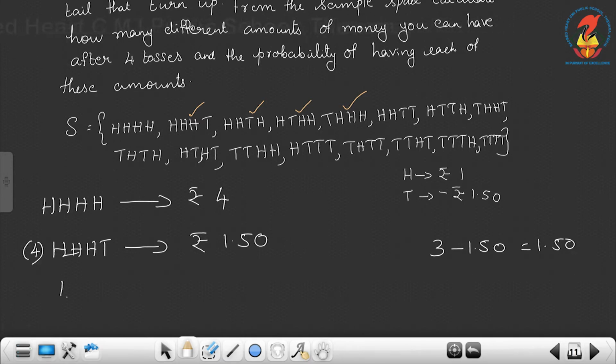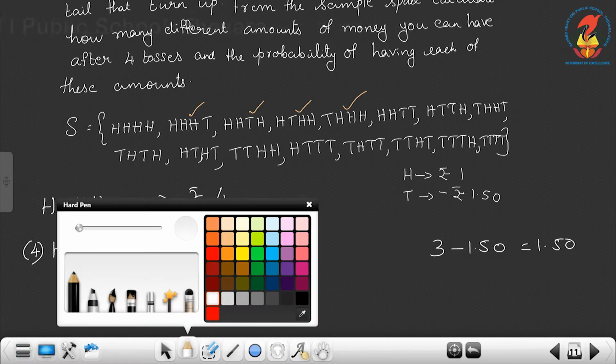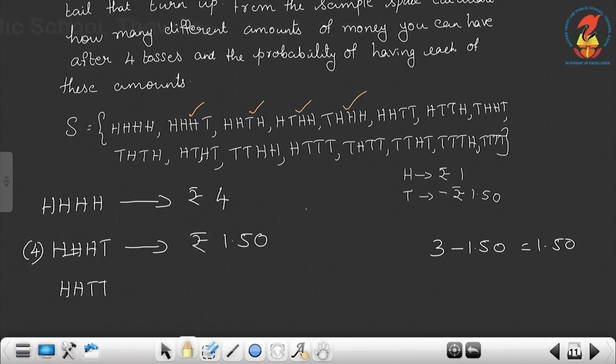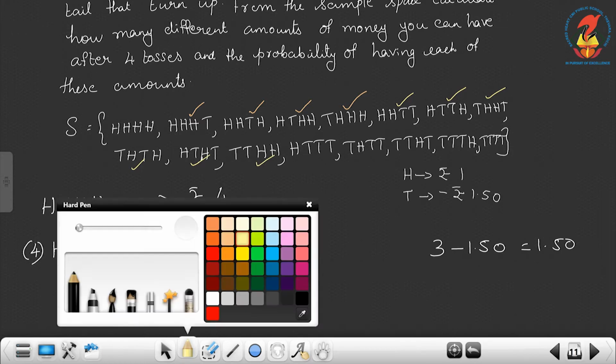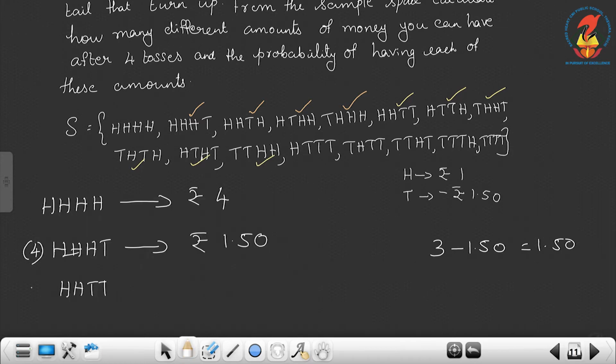Now the next is double H and double T. How many outcomes are there? Double H, double T. There are 6 outcomes. Then how much money for that? Double H means 2 rupees.